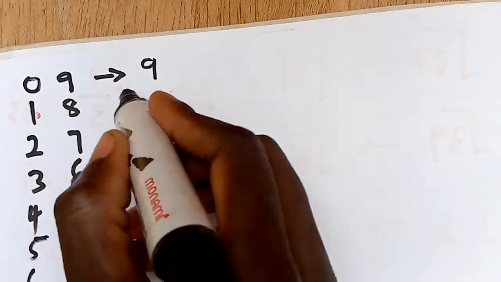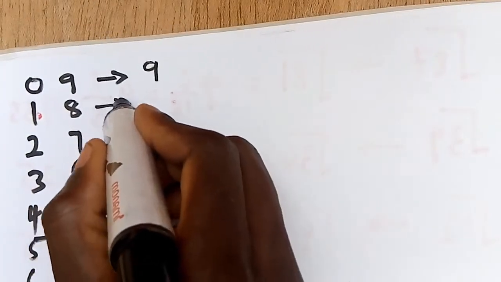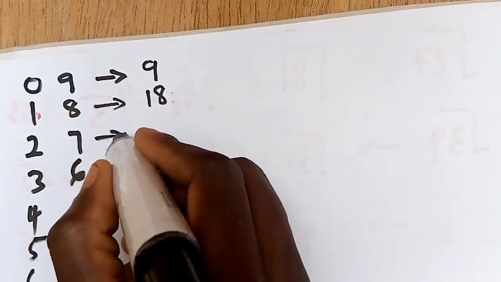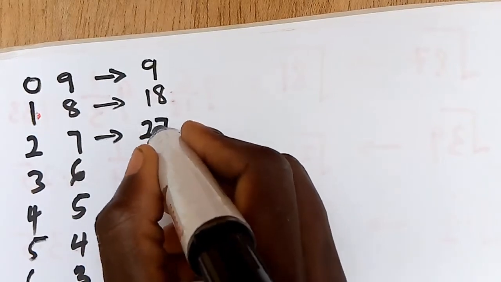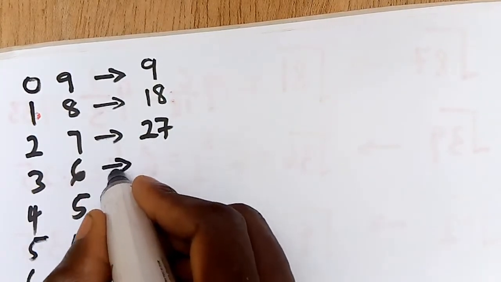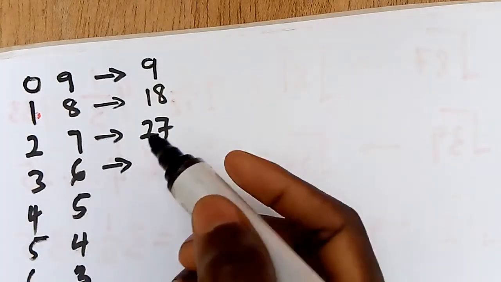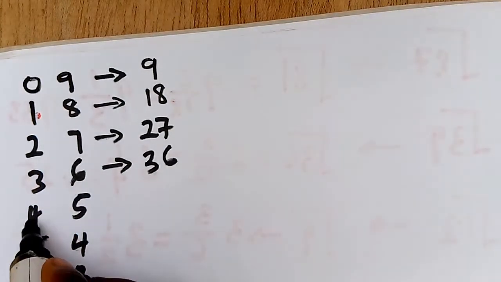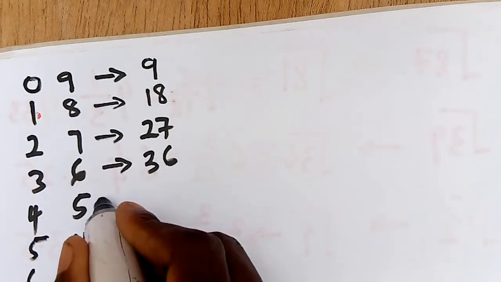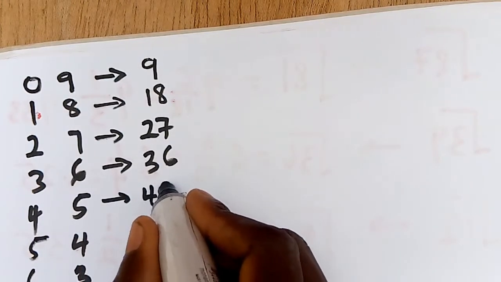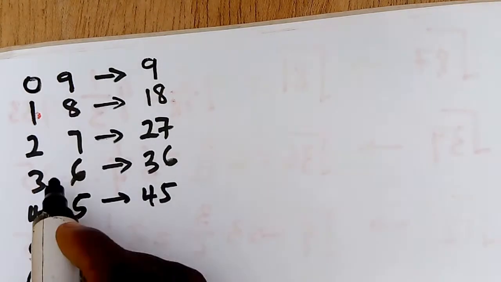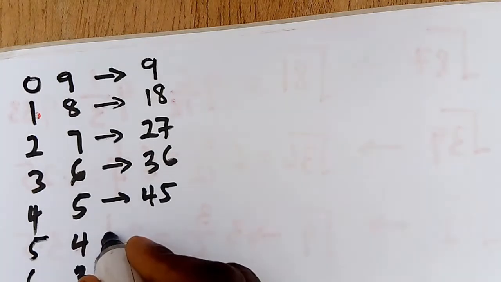Here 1 and 8, from left to right, gives 18. Then 2 and 7 gives 27. Then 3 and 6 gives 36. Here 4 and 5 gives 45.